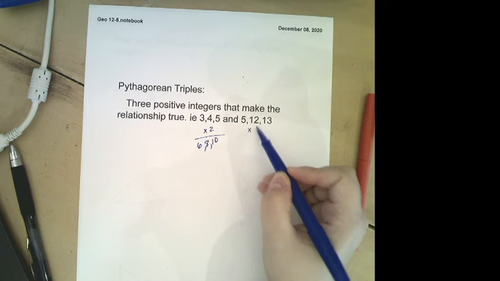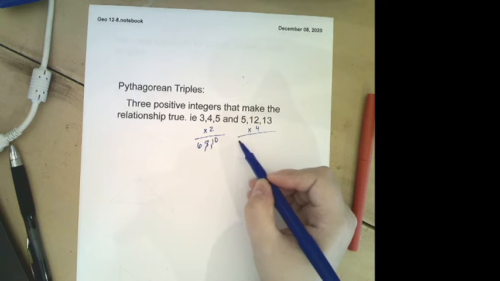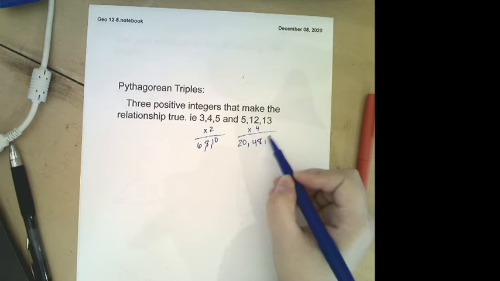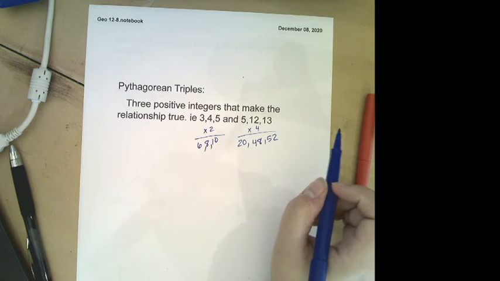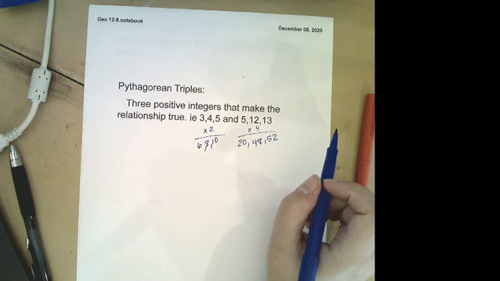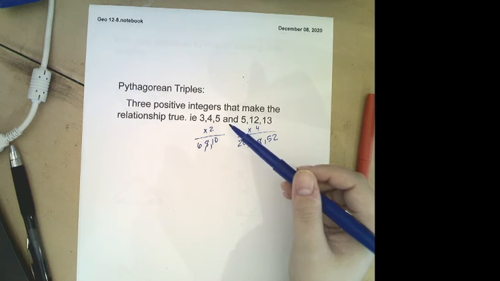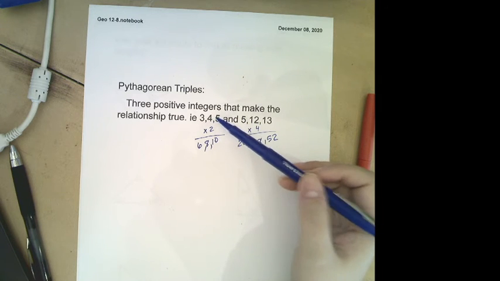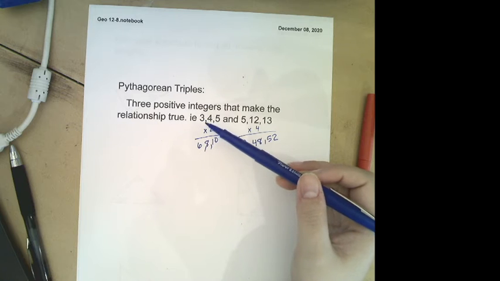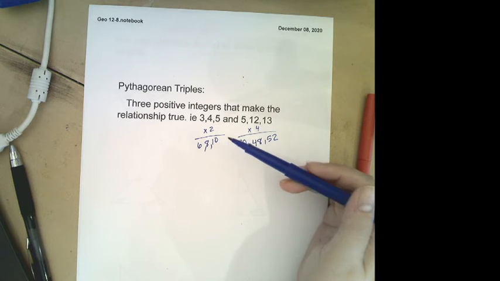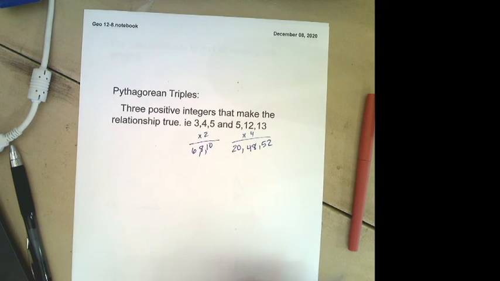Or times it by 4, 20, 48, and 52 is a Pythagorean triple. And we can use these by using the shortcut. If we're given two sides, like 2 legs of 3 and 4, we can say that the hypotenuse is 5. We can skip that extra work with doing the Pythagorean theorem.